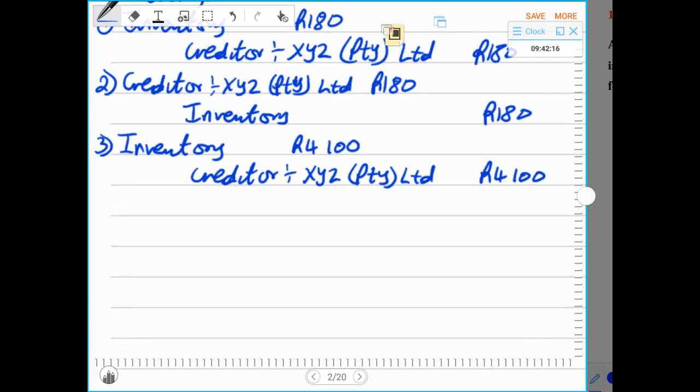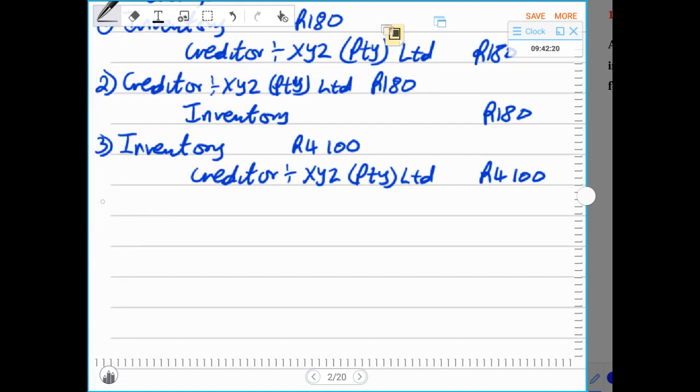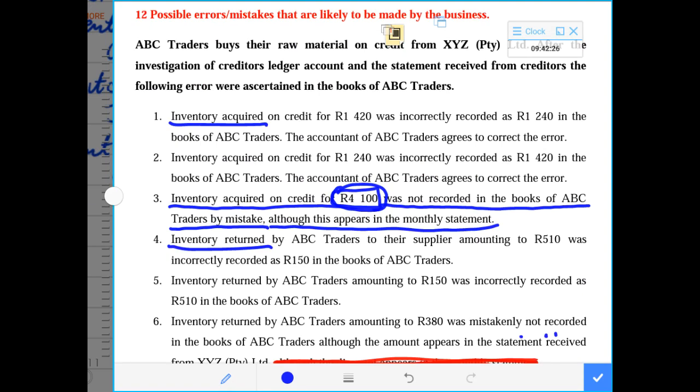So now that was entry number 3 with regard to the correction of the mistake in the recordings of inventory. Then we go to number 4 and see what number 4 has in store for us.